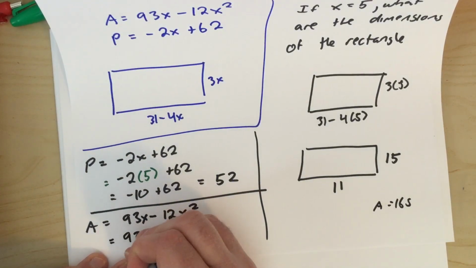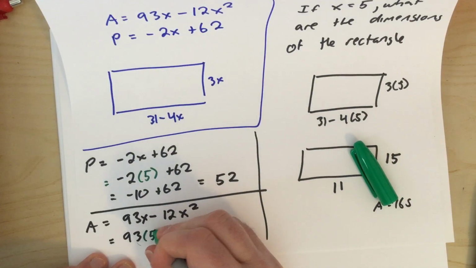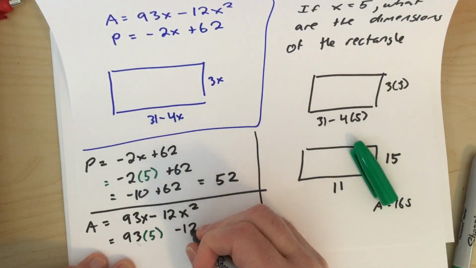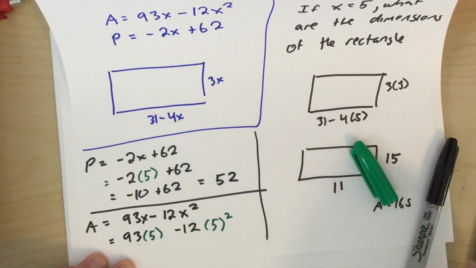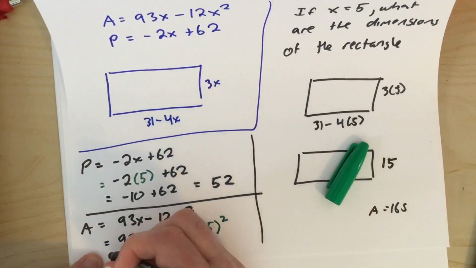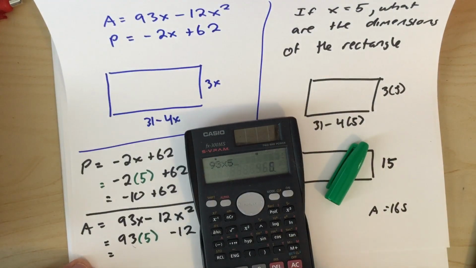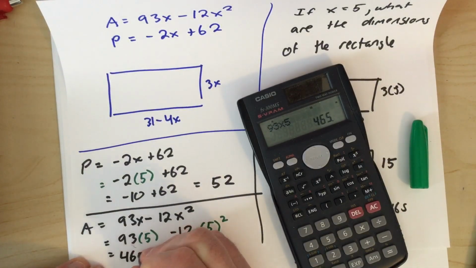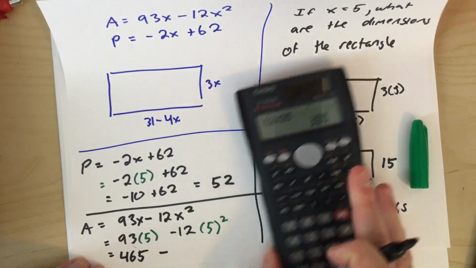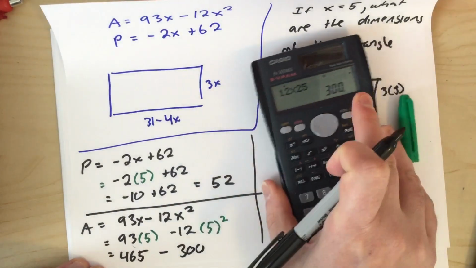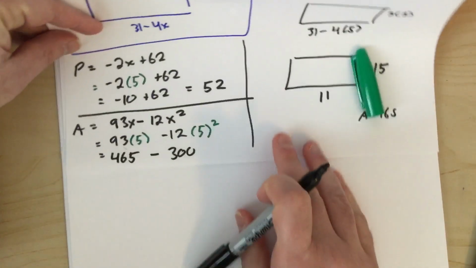It's going to be 93 times 5 minus 12 times 5 squared, which is going to be equal to 93 times 5 is 465 minus 12 times 25 is 300.